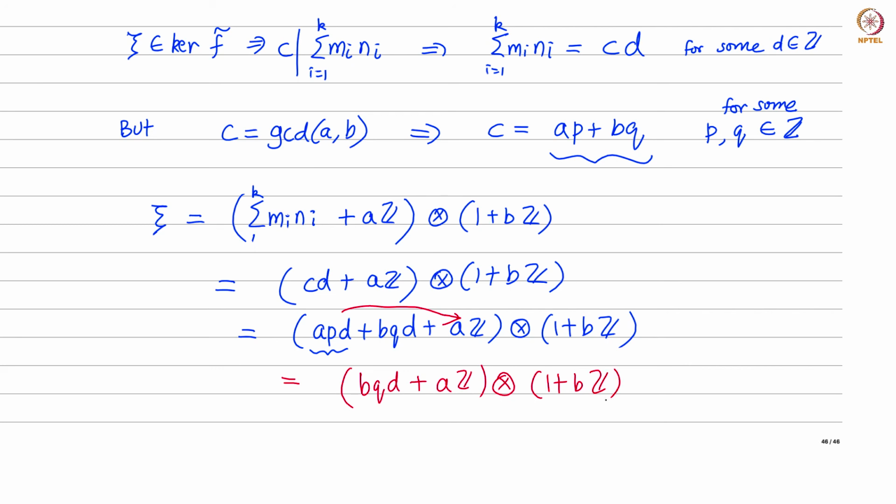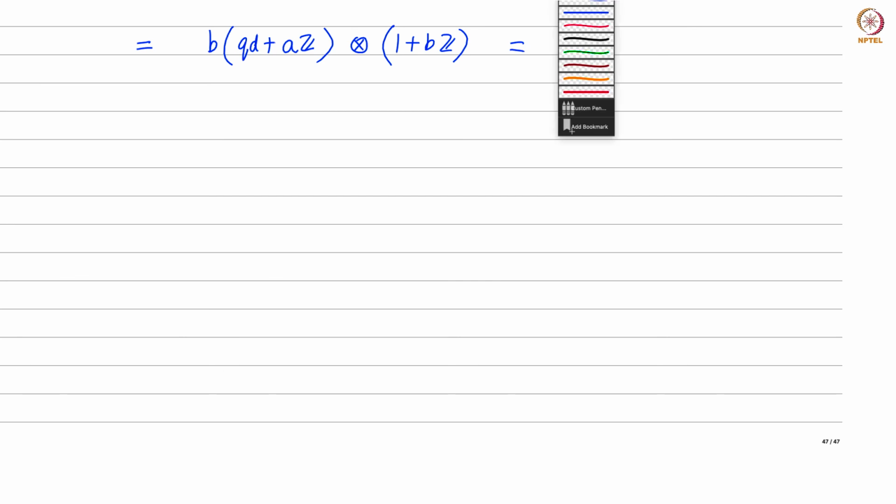Plus, okay, tensor 1 plus BZ. But now comes the interesting observation. Observe this first term has a B in front of it, so I will rewrite it as B multiplying QD plus AZ. It's as if I am taking this coset and multiplying it by B, tensor 1 plus BZ. And now again I will use the bilinearity. What does bilinearity tell me?